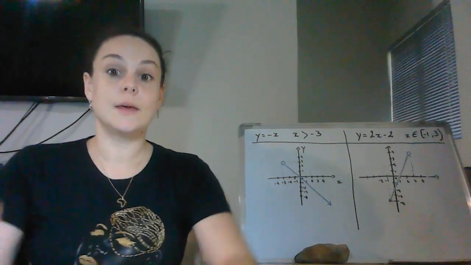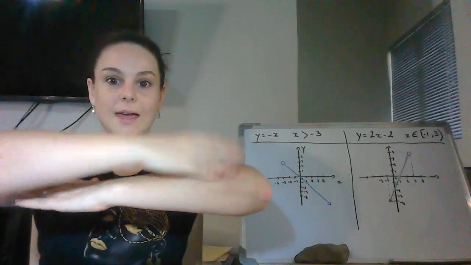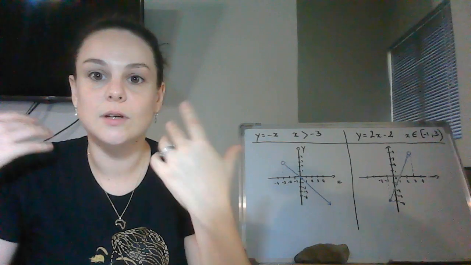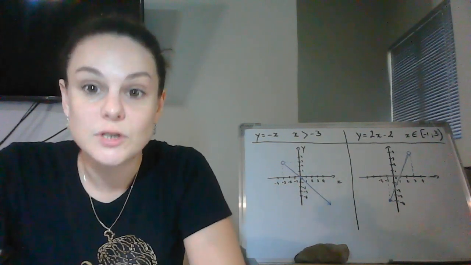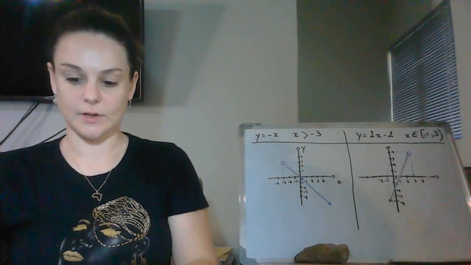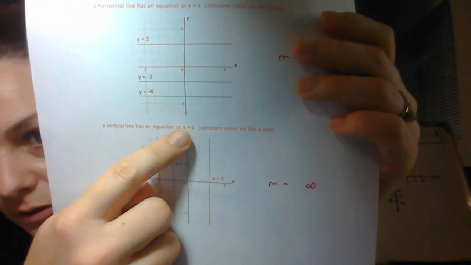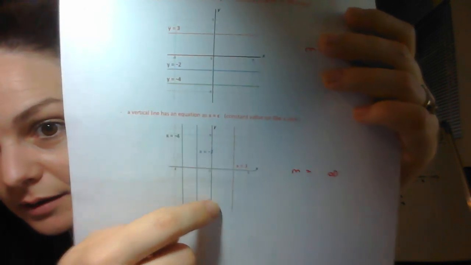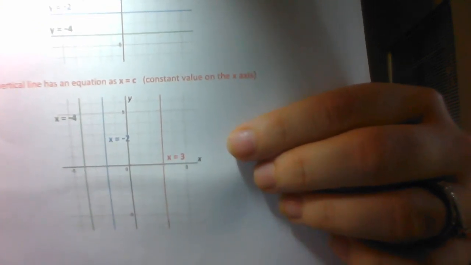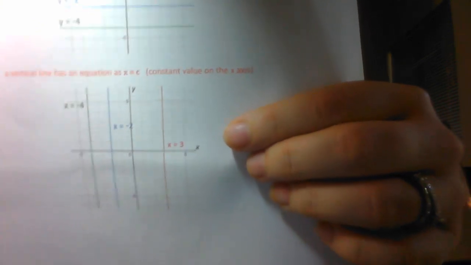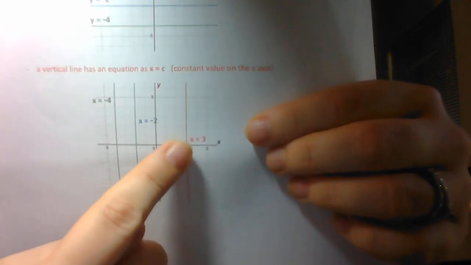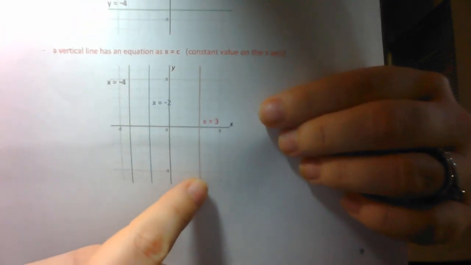Alright, same thing but on the other axis. On the x-axis, you can create a vertical line. So, if the equation is x equals c, then you create a vertical line. For instance, if x equals 3, it doesn't matter what the y value is, x is always equal to 3, so you create a vertical line at 3.